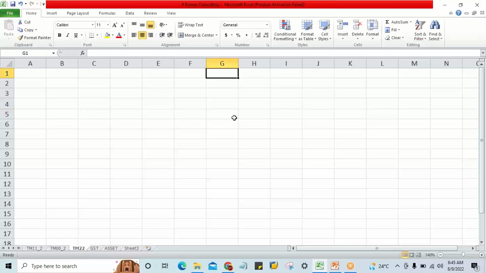So here we are going to talk about posting period variant. Sorry, not posting period variant. We are going to talk about fiscal year variant. Fiscal year variant. What is this? First of all, we'll see, and then how to set it up.